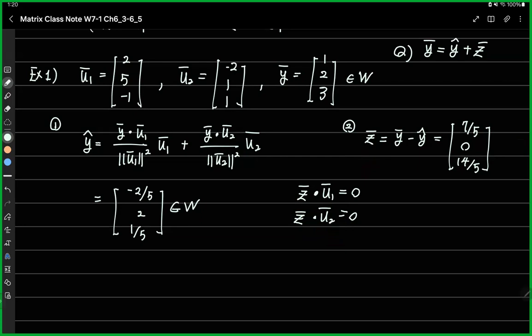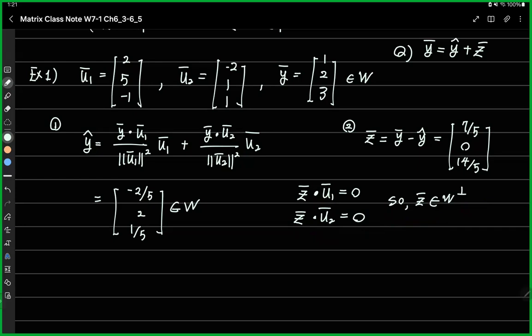So Z is in W complement. Doing that, it's easy to figure out that these two dot products turn out to be 0.